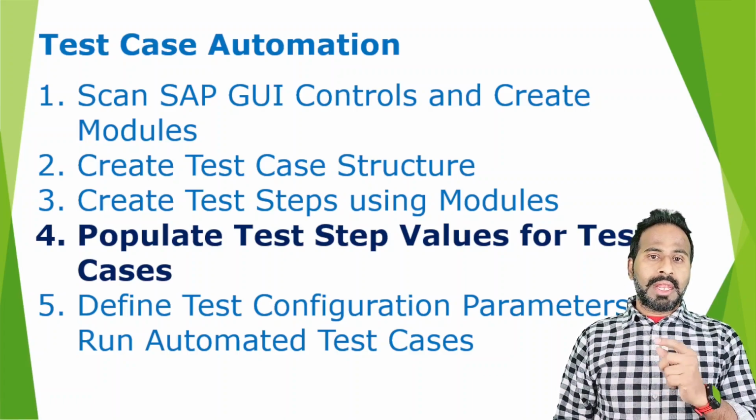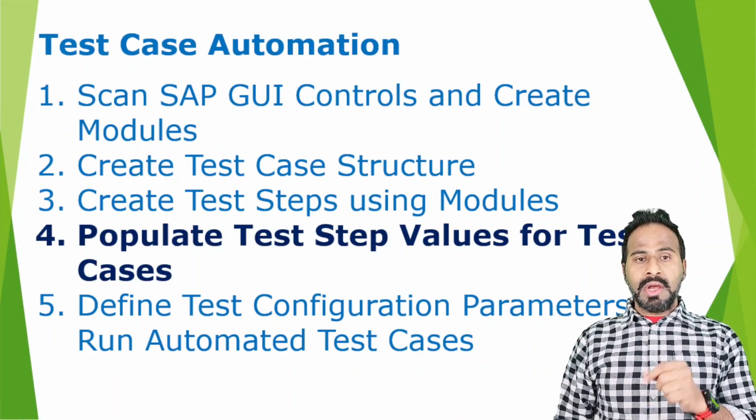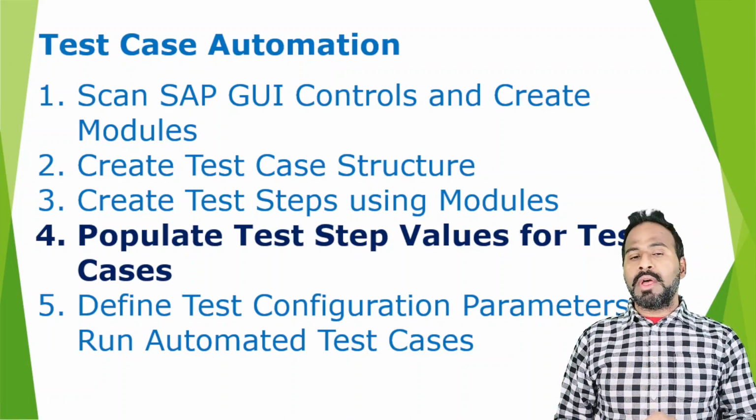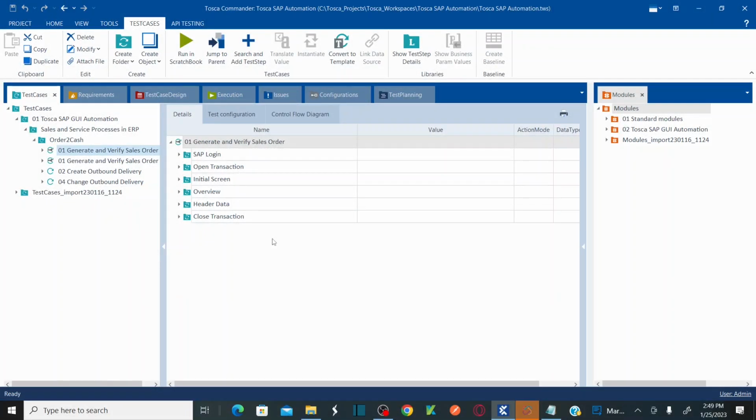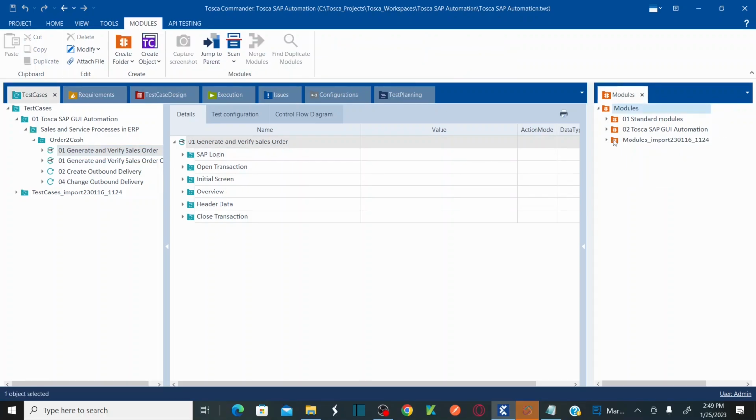So now let's jump onto the system and see how we can populate test step values for your test cases and test case steps. Okay, so this is my TRICENTIS Tosca 16 latest version. If you remember, in our previous 2 sessions, we captured all the modules or controls that are required to automate this end-to-end test case, right?